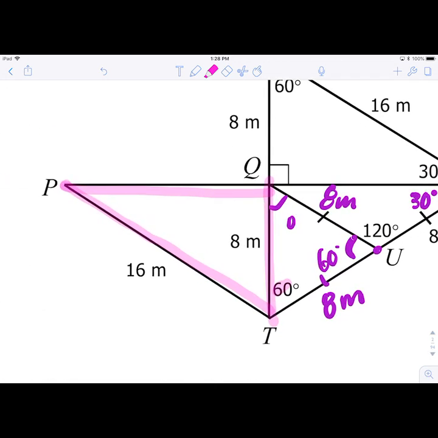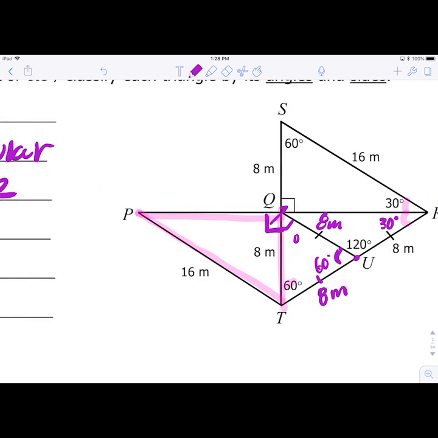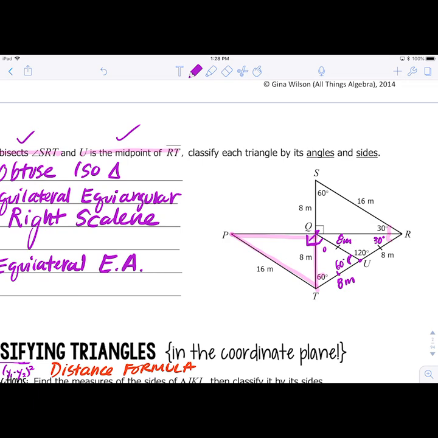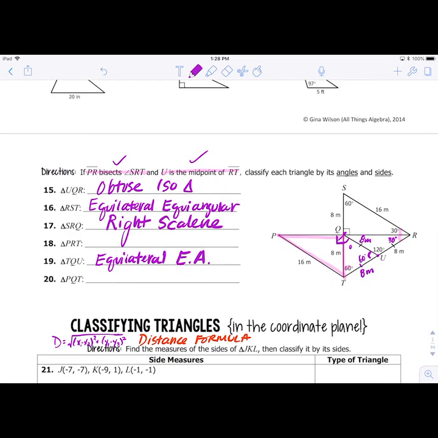However, we do know that this angle right here, PQT, will be 90 degrees because it is vertical to an angle that is also 90 degrees. So we know it's going to be a right triangle, and we also don't know enough about the sides to say that any two sides are congruent. So it is going to be a scalene right triangle.